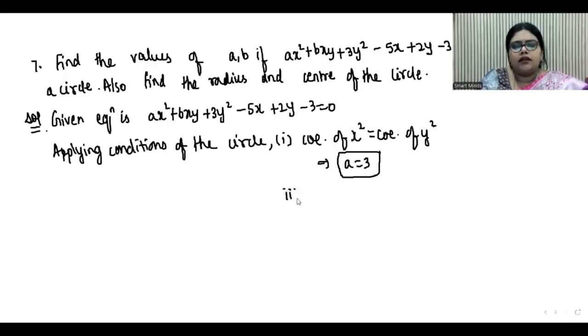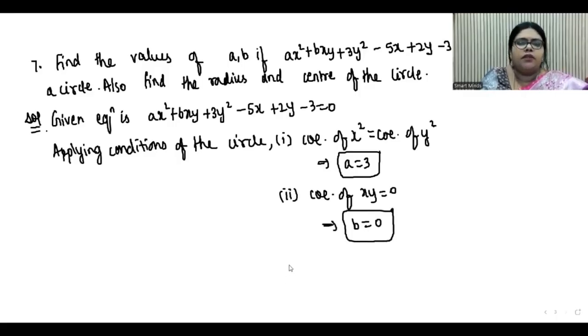And the second condition is coefficient of xy is equal to 0. With this you get b is equal to 0. Now you got a and b values. Now let us substitute them in the given equation. So substituting a is equal to 3, b is equal to 0 in, let's say, equation number 1.